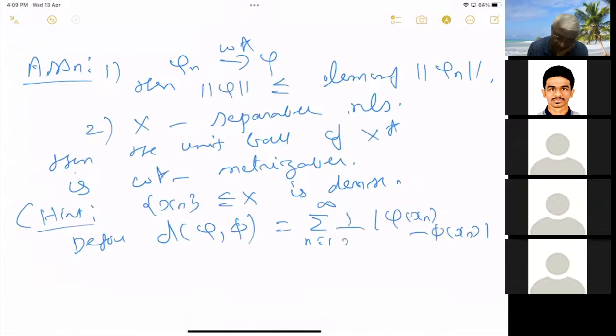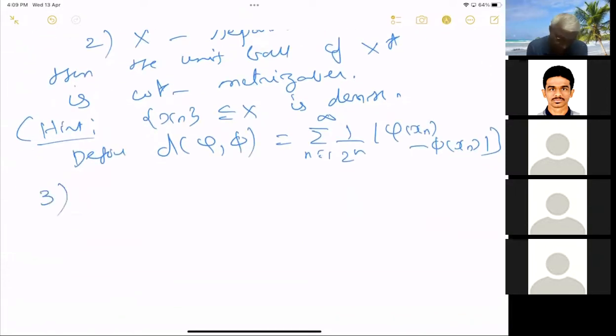But then this will not converge, so you have to put a 1 by 2^n. I think this will work. So show that this is a metric, and that convergence in this metric is the same as convergence in the weak star topology. Show this.